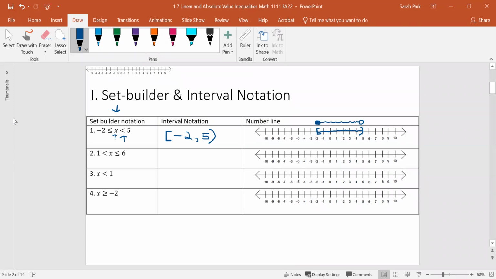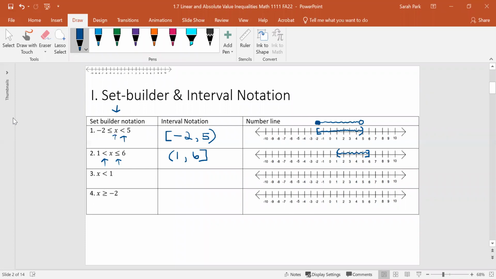For number 2, set builder notation is x is greater than 1 but less than or equal to 6. So the interval goes from 1 to 6, but because it's strictly greater than 1, we use parentheses, and because it's less than or equal to 6, we use a bracket. Same thing on the number line: open parenthesis at 1, bracket at 6, and everything from 1 to 6 is included in our interval.